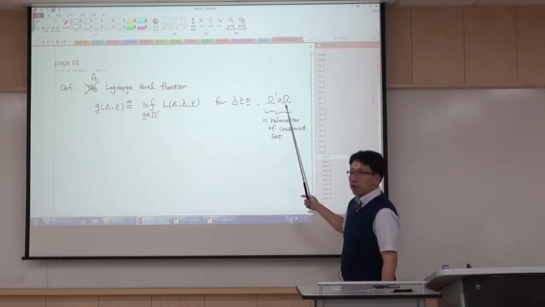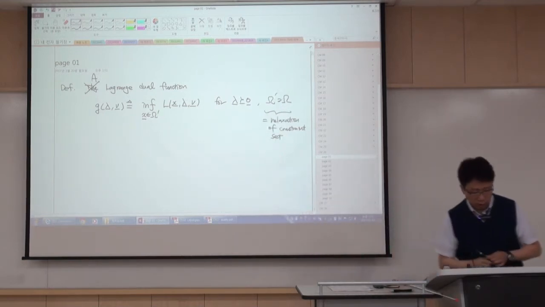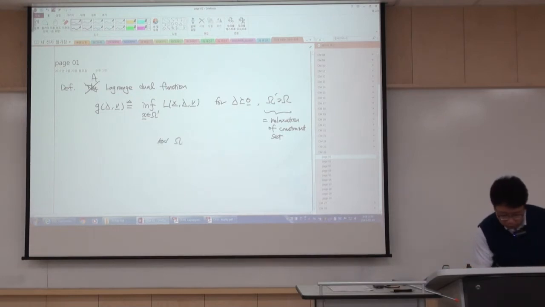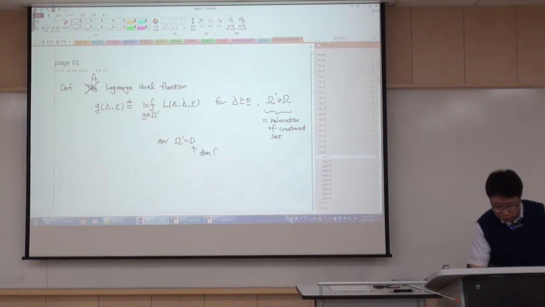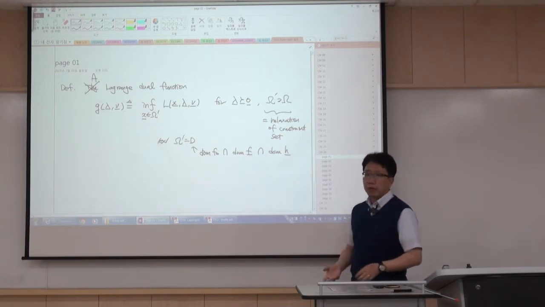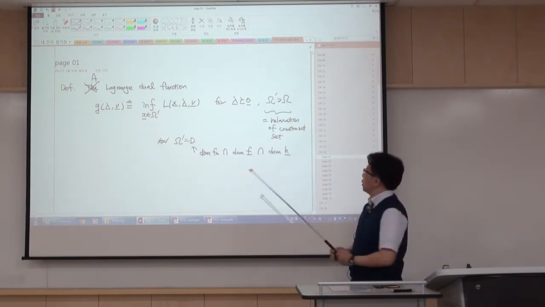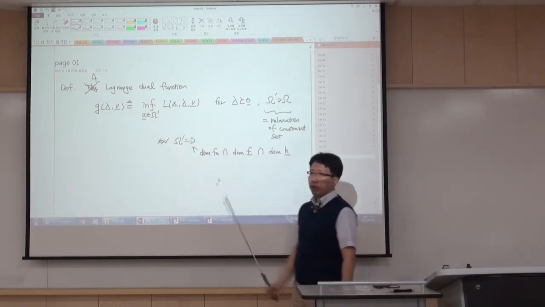One simplest choice of omega prime is defined as the domain of f0 intersected with the domain of f intersected with the domain of h. So all the functions involved in our primal problem can be evaluated at x in omega prime.